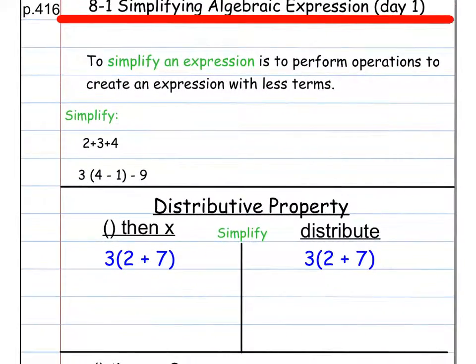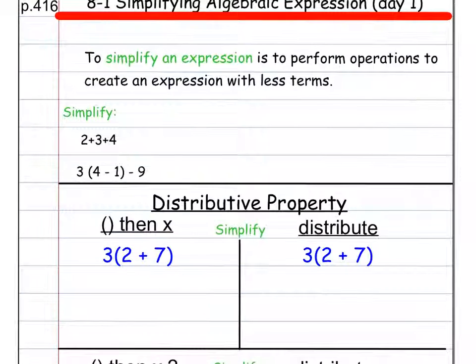Alright, so to simplify an expression is to perform operations to create an expression with less terms. Okay, so remembering that terms are ones that look alike. So for example, 2 plus 3 plus 4, these are 3 different terms, but I can combine them to get 9, so it's simplified because it's less terms.